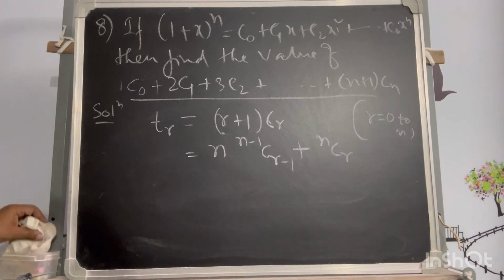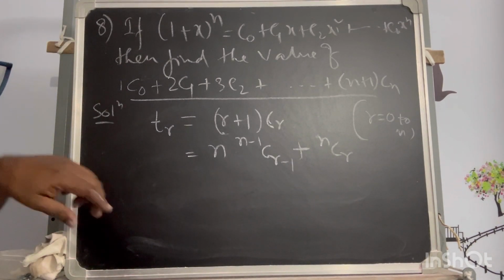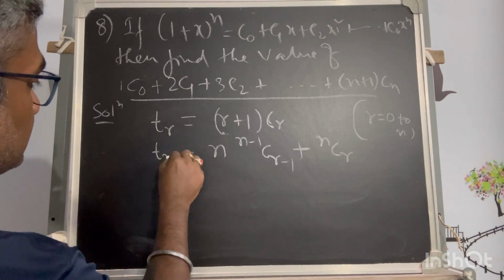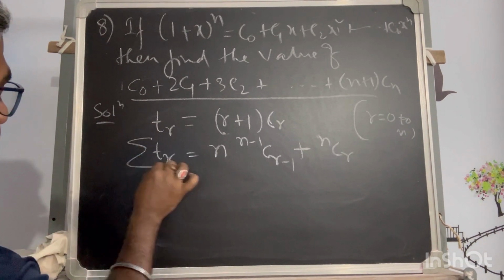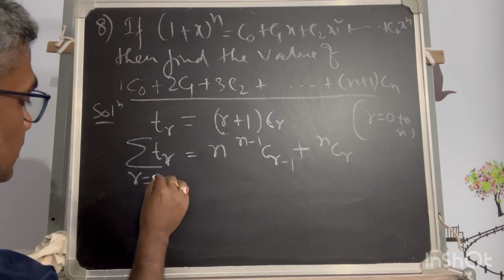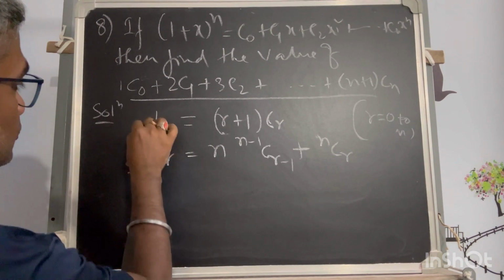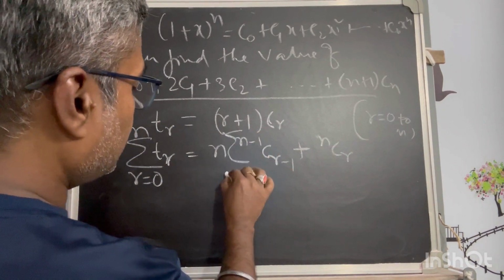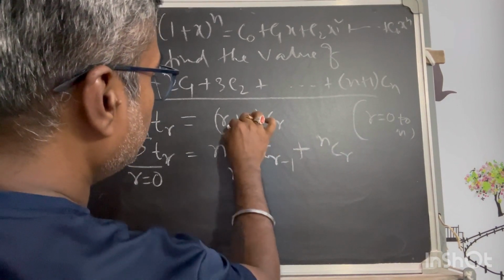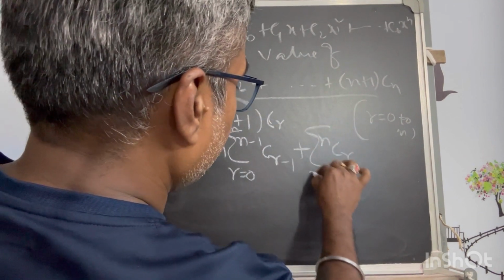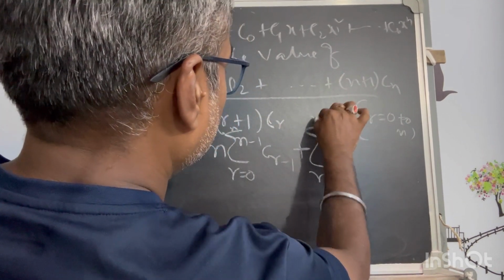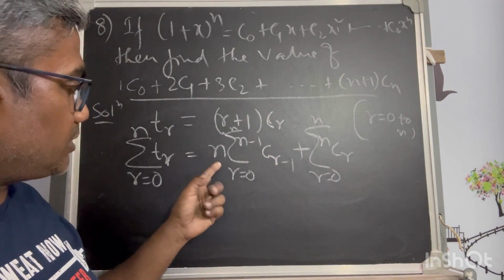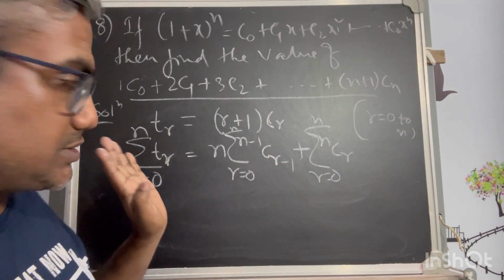So what is the advantage of doing that? Now if I say this is tr, now if I sum all the tr, where r could be from 0 to n, the same I can apply here, summing up r is equal to 0 to n here also, and then summing up r is equal to 0 to n. That will follow because I am summing up all the things. n is not varying, so I am keeping n outside the summation.